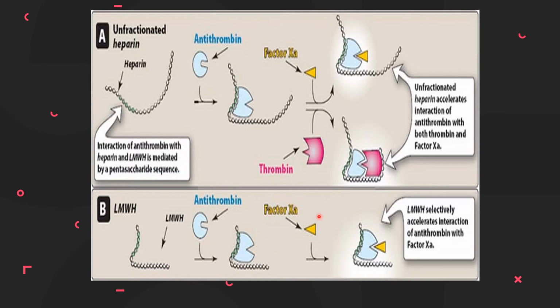So another difference of heparin from low molecular weight heparin is that low molecular weight heparin is inactivating only factor 10A. First, the difference was about the molecular weight. The second difference is about the mechanism of action. Let's see what we have for our next slide.